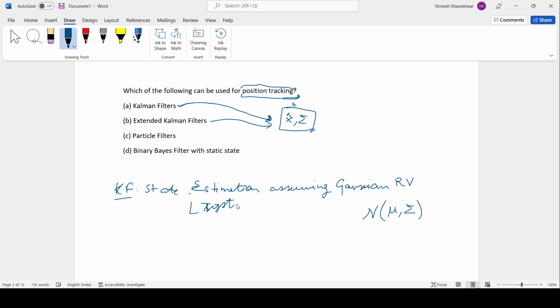You do not need them to be time invariant. So, linear systems with Gaussian randomness, or Gaussian noise. And the extended Kalman filter, EKF, was exactly the Kalman filter, but for non-linear systems. What we were doing was linearizing these non-linear systems. Yes, Pranav.